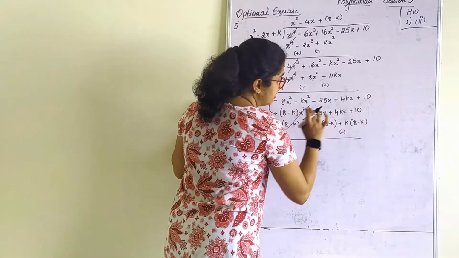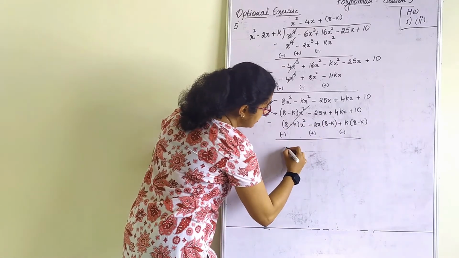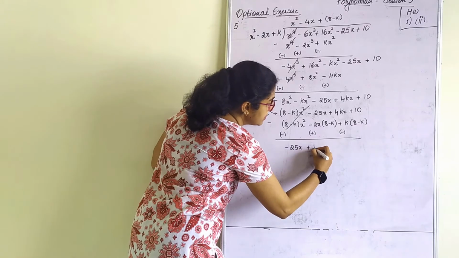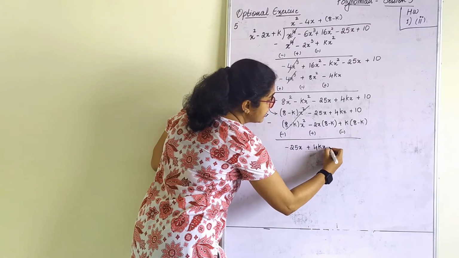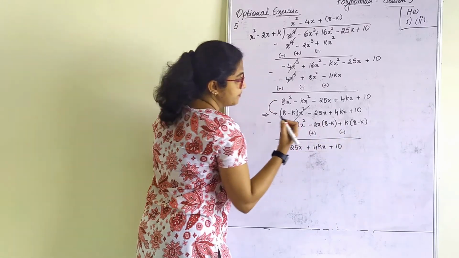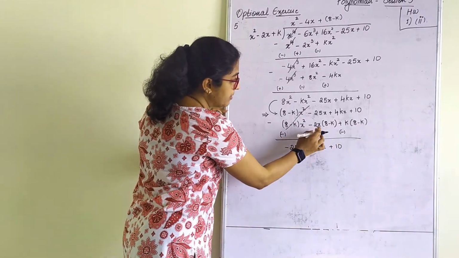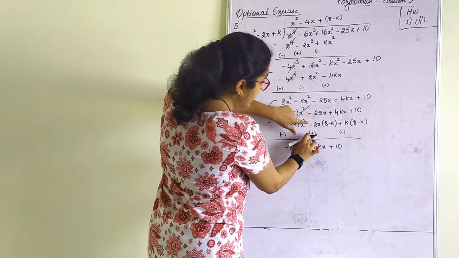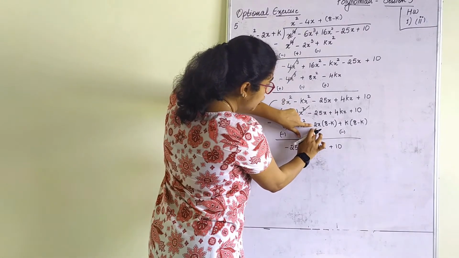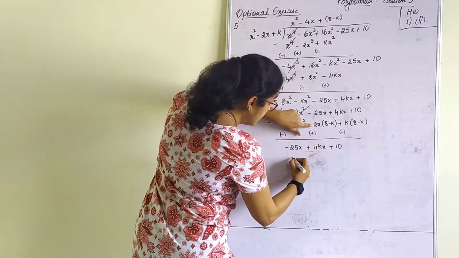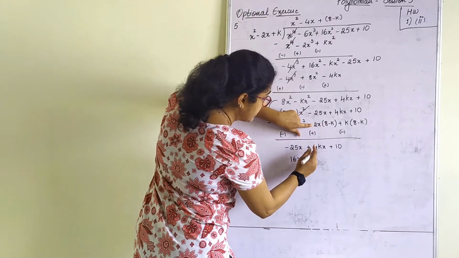First I will write this part. How will I write this? Minus 25x plus 4kx plus 10. Okay. Now I will write this part. This is plus, so forget this sign. I'll just cover this. 2x into 8 will give you 16, plus 16x, because the plus sign is there.